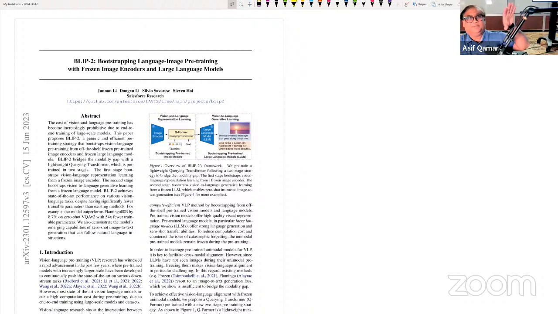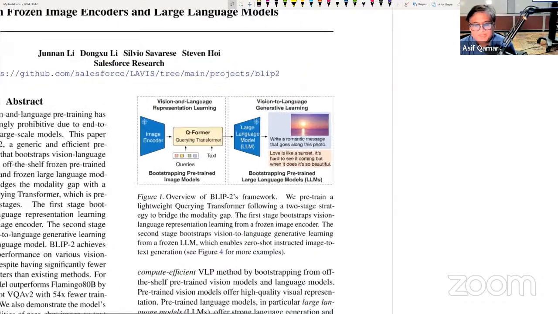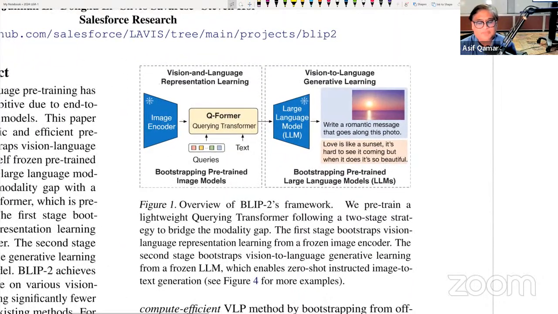Are we together? So what you do is, and as this picture shows, whenever you see this snowflake picture, it means that these models are frozen. You borrow a frozen image encoder, you go borrow a large language model, pick yours, whichever you like, Llama 2, Zephyr, whatnot.